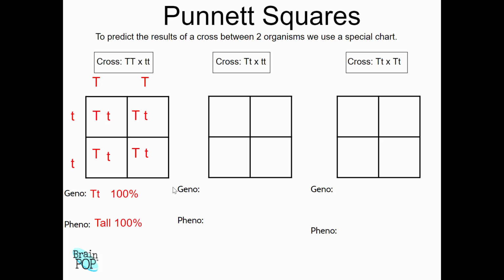Reginald Punnett is the gentleman who came up with this concept. So we put one parent on top, big T, little t. We put the other parent on the side, little t, little t. Just one letter goes in each area. I fill in each box.